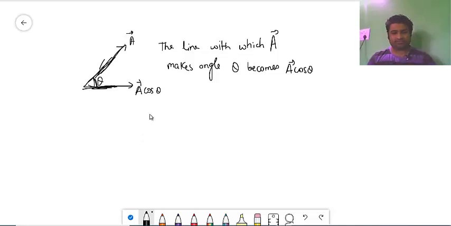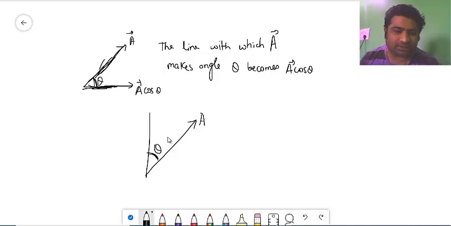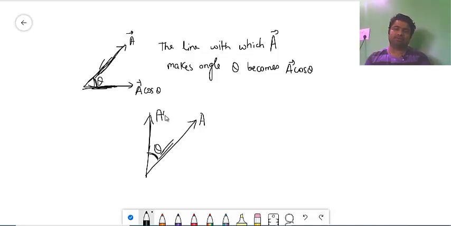If I take another case, now this is my theta. So in this case, this A is making angle with this line. That simply means this will become my A cos theta.